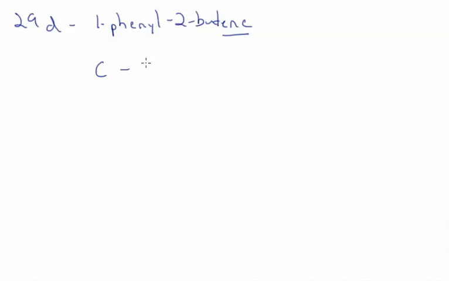1-phenyl-2-butene. So ENE tells you that there's a double bond. Butene tells you that there are 4 carbons. 1, 2, 3, 4. That tells you that the double bond is after the second carbon.